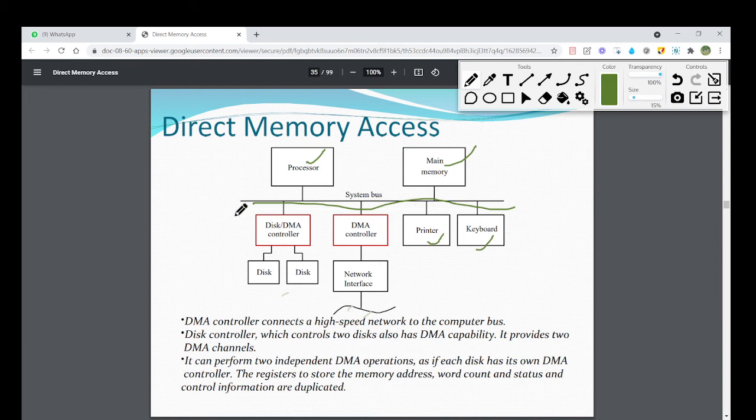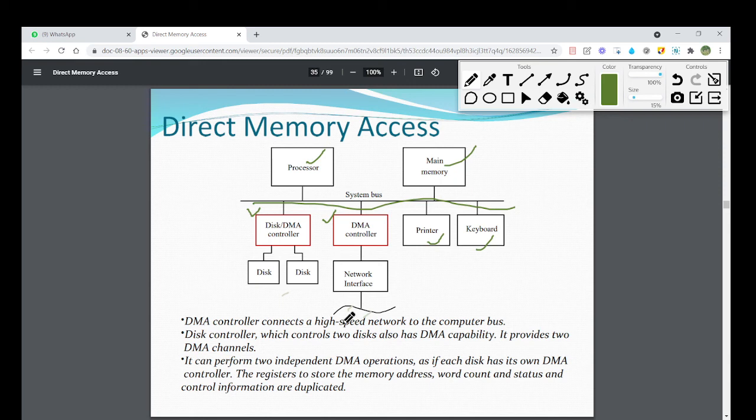Even the DMA controllers are connected, and here we can see two types of DMA controller. One is connected to a disk and another is connected to a network interface. For different types of devices, we use different DMA controllers.